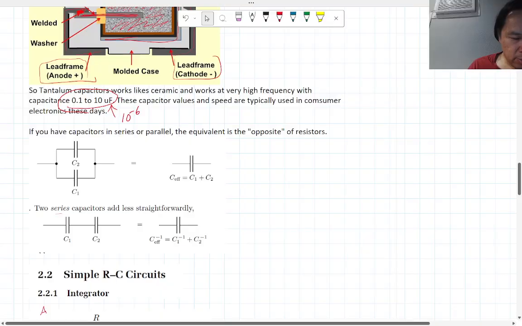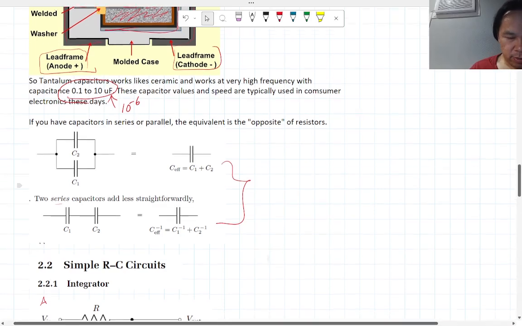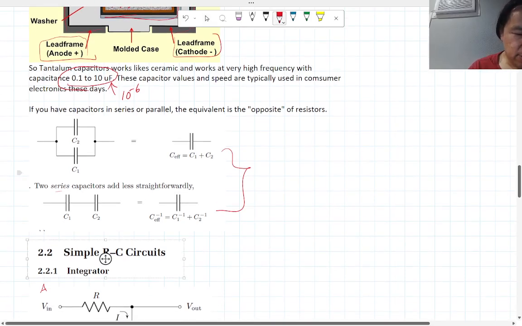For connecting multiple capacitors in series and parallel, I'm going to leave this as a homework problem so you can derive it yourself. It's not too bad, just applying Kirchhoff's law and whether something has the same voltage across it or the same charge, and we'll be able to derive these equations. But the answer is here actually.